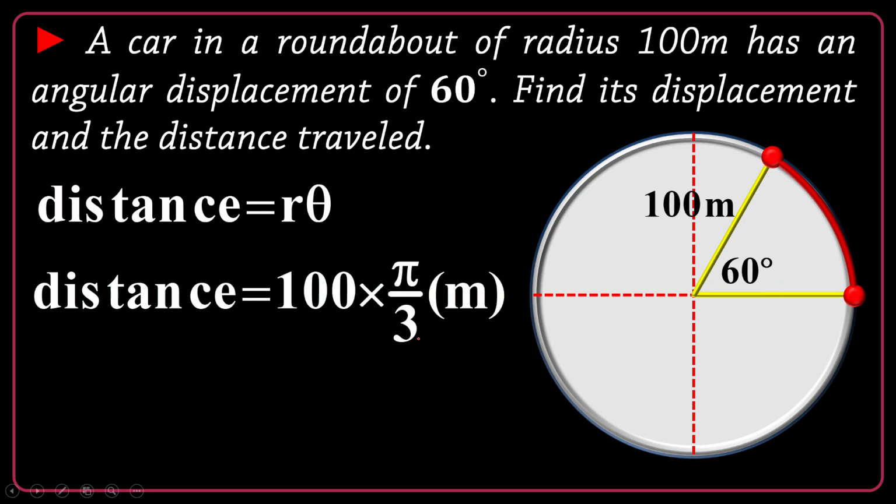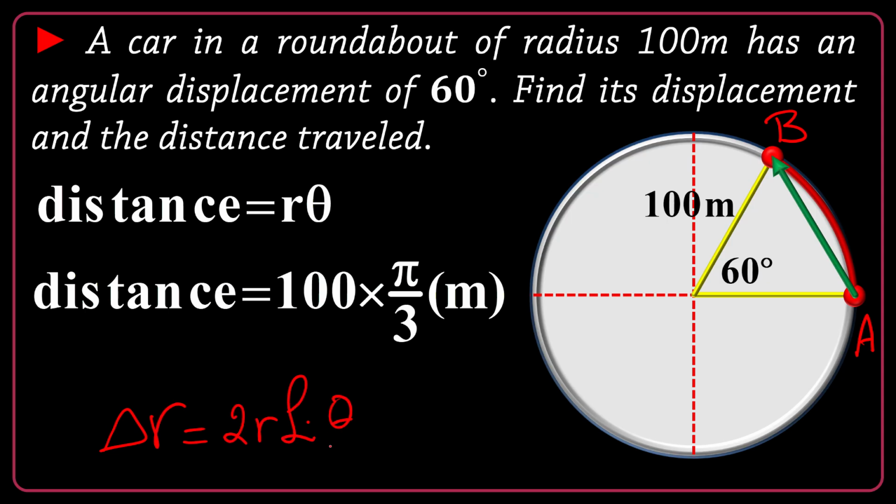What about the displacement? Displacement is a vector connecting the beginning point and ending point. This is the base of this isosceles triangle. So let's say the displacement is d here, or if you want, you can write delta r. It is going to be 2r sine of theta over 2. So it's 2 times r, r is 100, sine of 30 degrees.